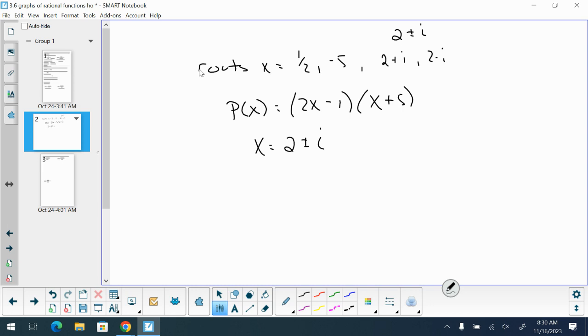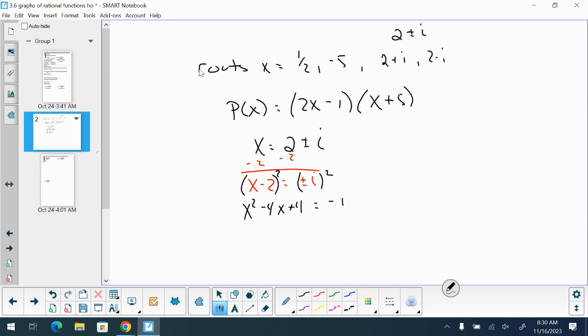Subtract your 2 over. So we have x minus 2 is equal to plus or minus i. And then square both sides. If we square the left-hand side, we have x squared minus 4x plus 4. If we square the right-hand side, we get a value of -1.